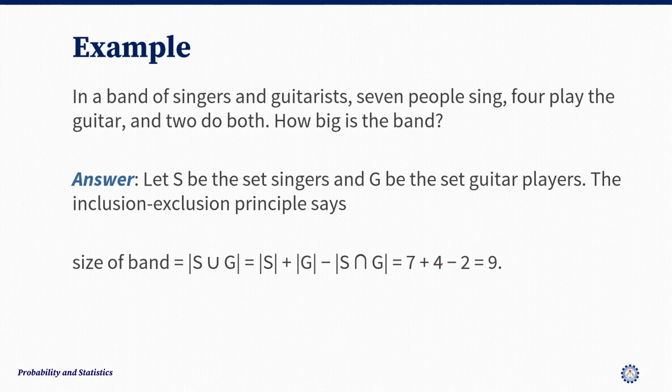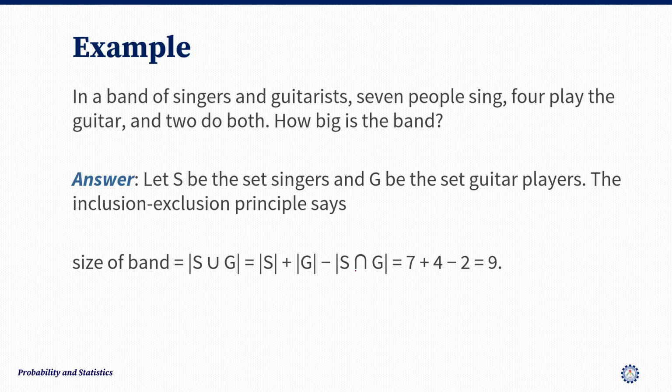We have 4 who play the guitar, so we have 4. So 7 plus 4 minus the cardinality of S intersect G, and we have 2 doing both, so minus 2, that is 9. The size of the band is 9.